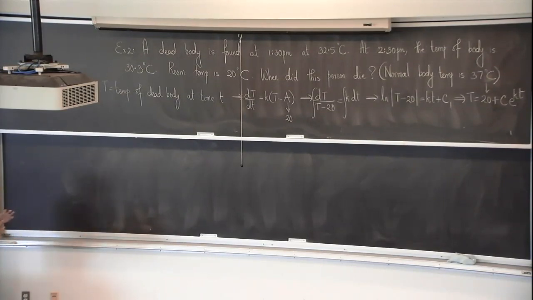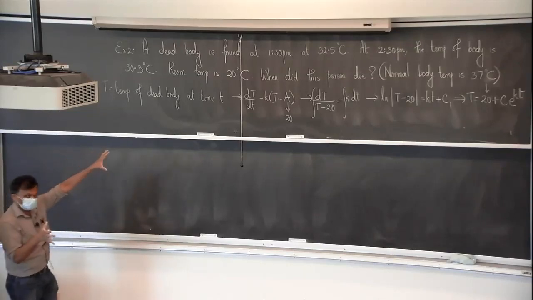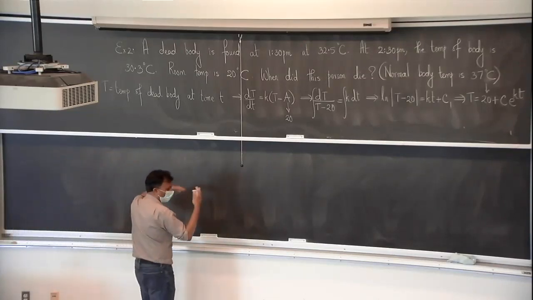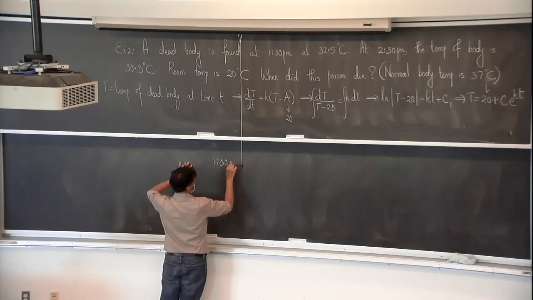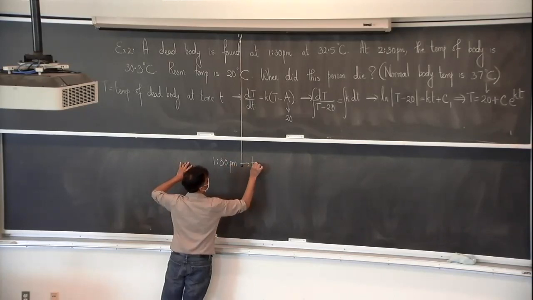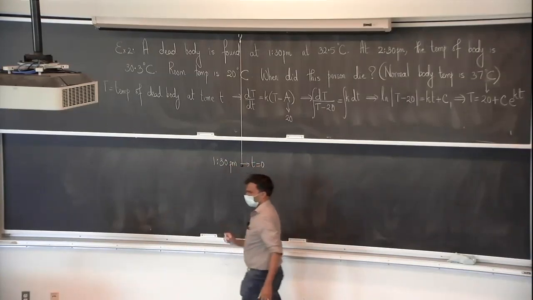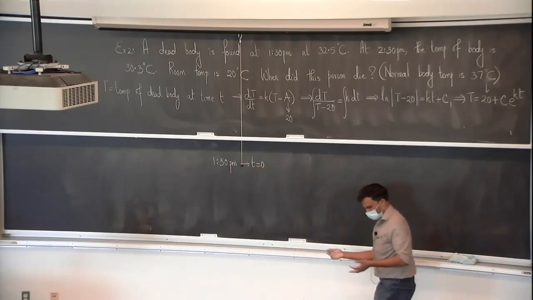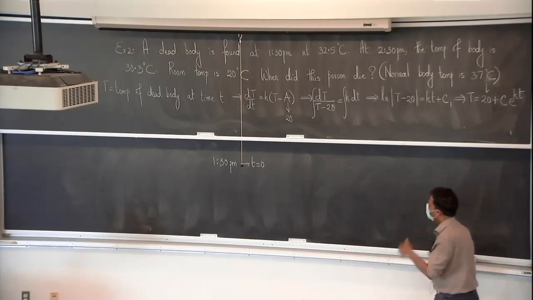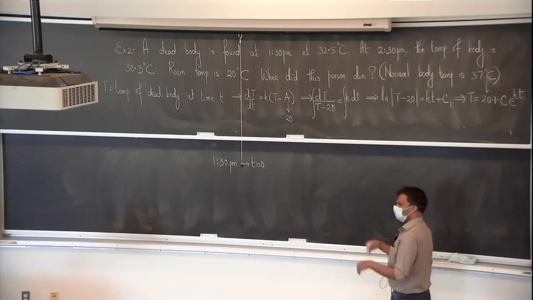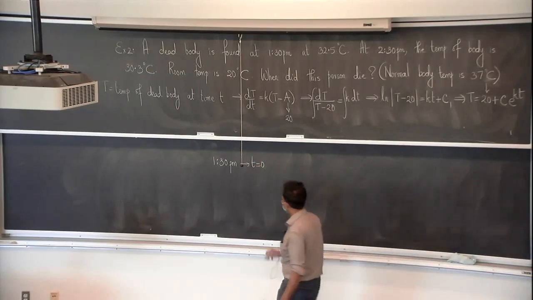All right, it's better to do this problem if you start at 1:30 p.m. as your time t equal to 0. Okay, kind of makes your problem a lot easier to calculate. So 1:30 p.m., let's keep that as t equal to 0. So later when you get your answer, you have to go back from t equal to 0 backwards. That's okay. Otherwise, there'll be too many other constants to solve for.